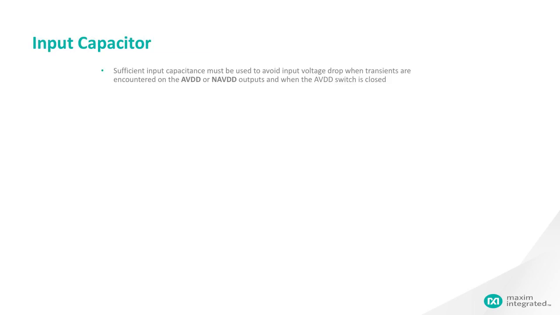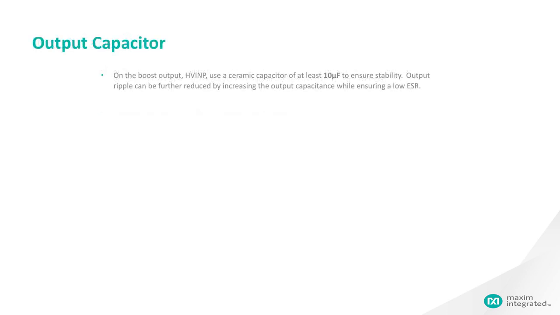Sufficient input capacitance must be used to avoid input voltage drop when transients are encountered on the AVDD or NAVDD outputs, and when the AVDD switch is closed. An input capacitor of 10 microfarad is a good starting value. On the boost output, use a ceramic capacitor of at least 10 microfarad to ensure stability.